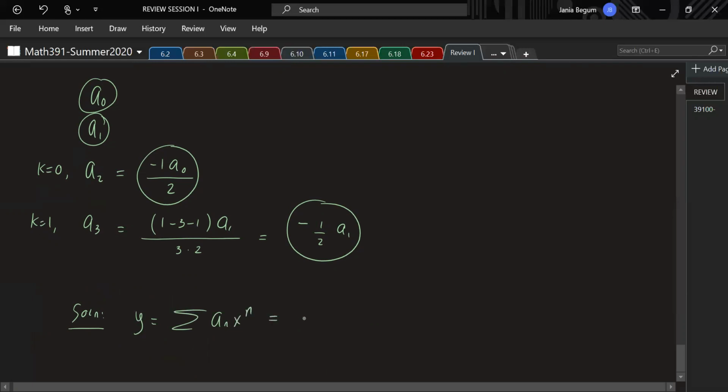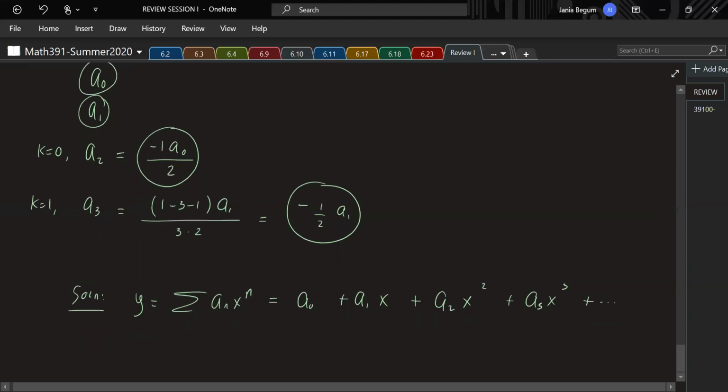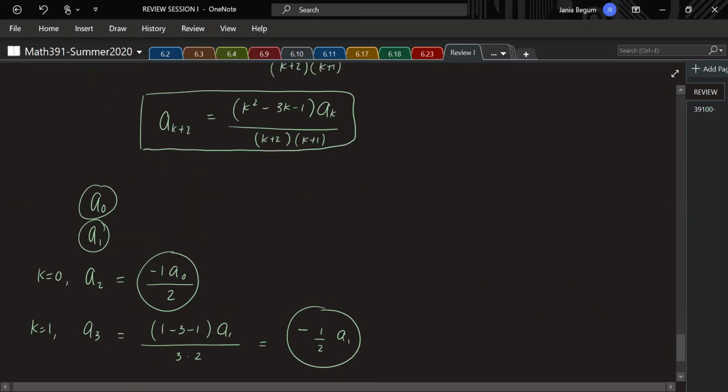Let's write out a few terms: a0 plus a1 x plus a2 x squared plus a3 x cubed, and so on. Plugging in these coefficients, we have our solution a0 plus a1 x plus a2, which happens to be negative 1/2 a0 x squared. And then a3 is also negative 1/2 a1. So how did they both happen to be 1/2? Did I do something wrong? I didn't.